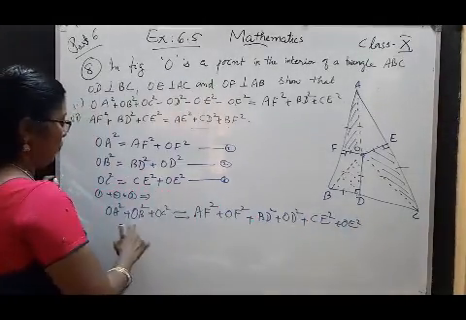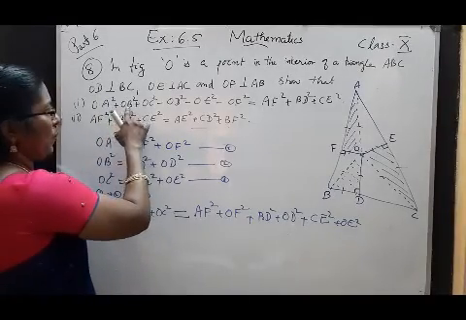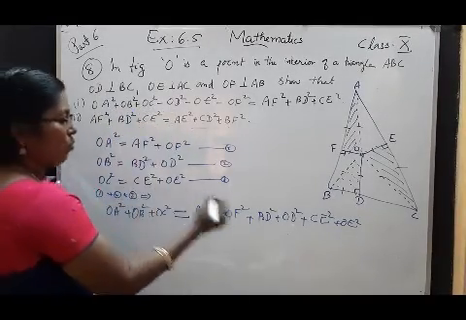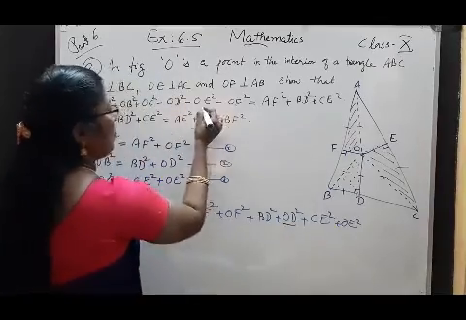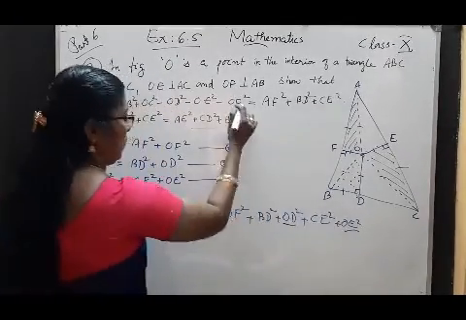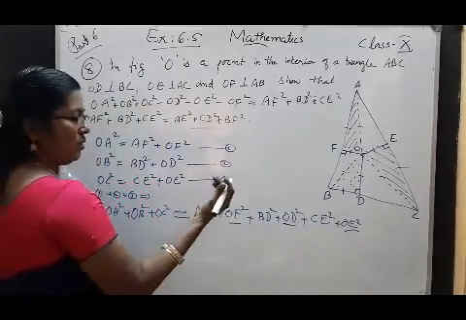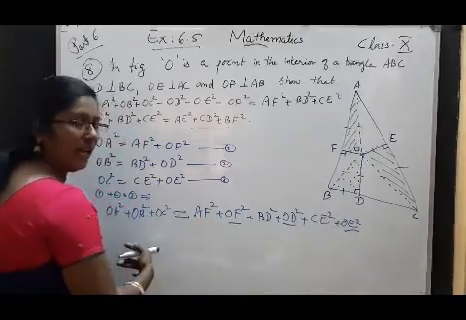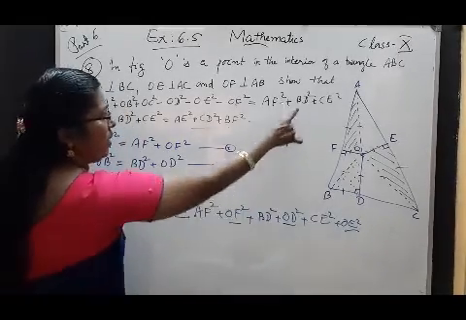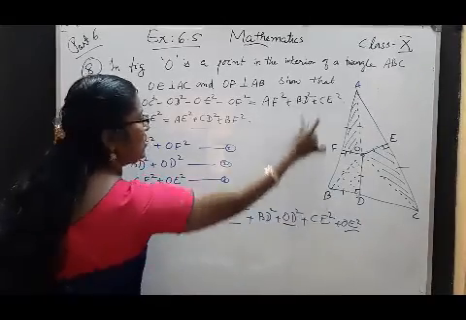Then our proof: OA square plus OB square plus OC square minus OD square minus OE square minus OF square. Transpose these 3 to the left side, and the remaining are AF square, BD square and CE square.